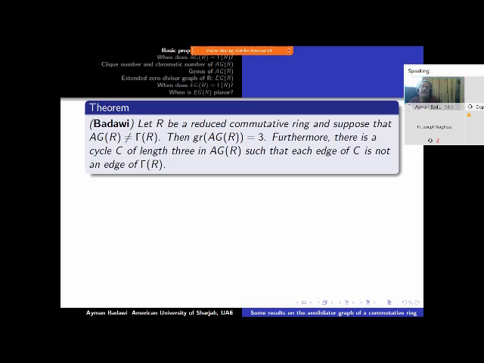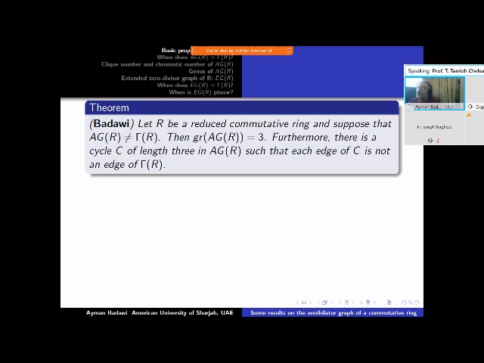So if R is a reduced commutative ring, and we assume that the annihilator graph is not equal to the zero divisor graph, and assume the girth, then the conclusion, the girth is always 3.